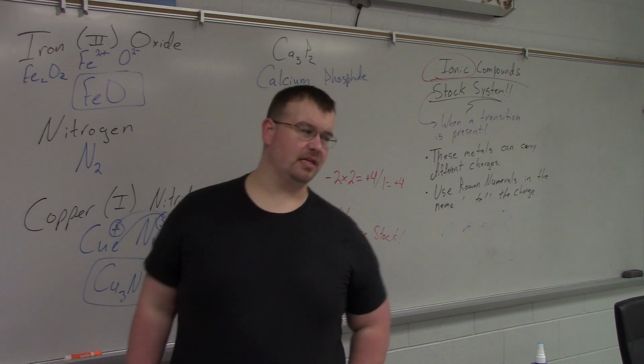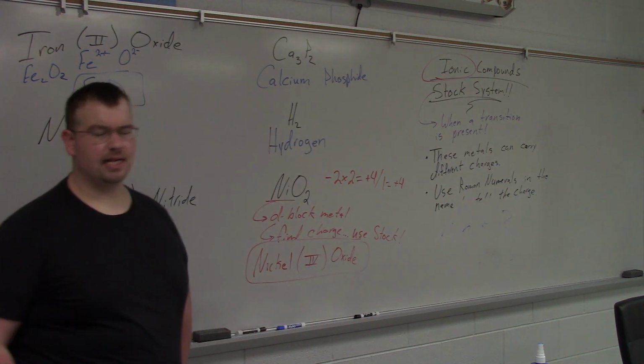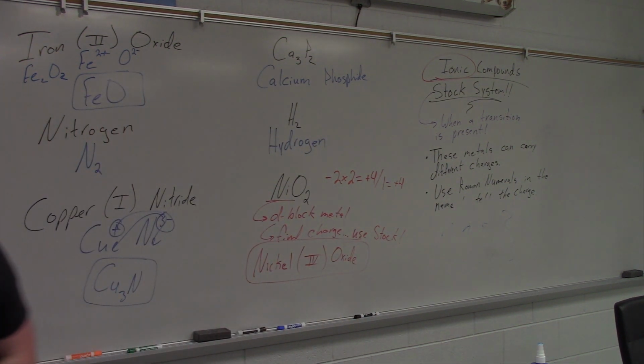If you go to college and get into nomenclature, you can find yourself with a dinosaur that's used to the old system. Stock system is the new system that makes life a lot easier. The old dinosaur way of doing it is we use the Latin root.